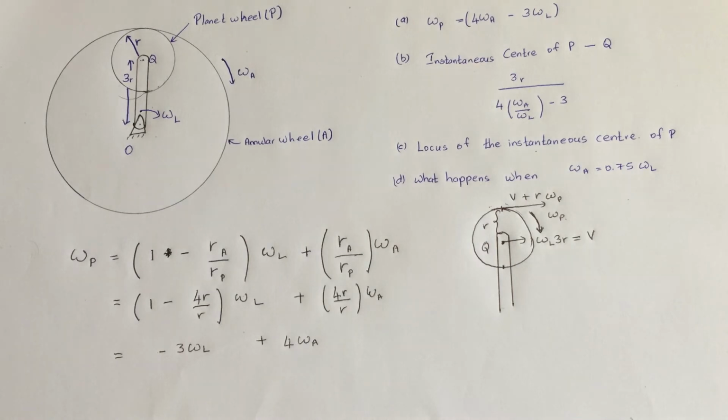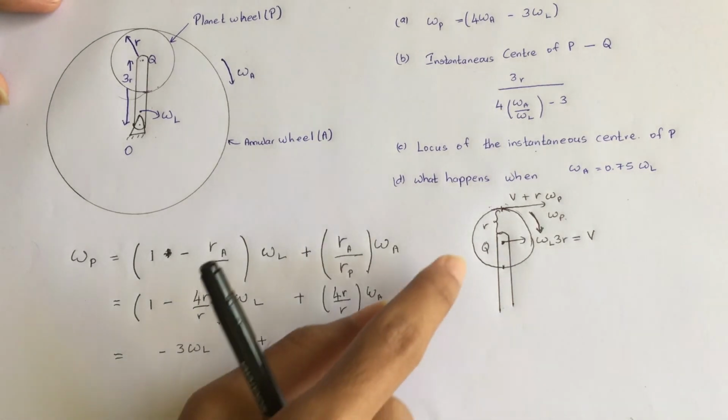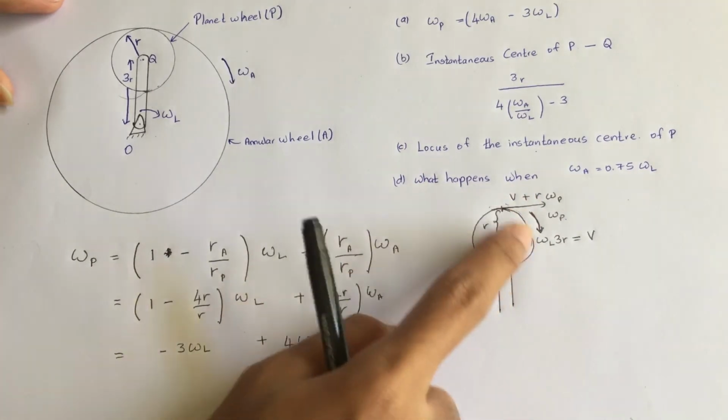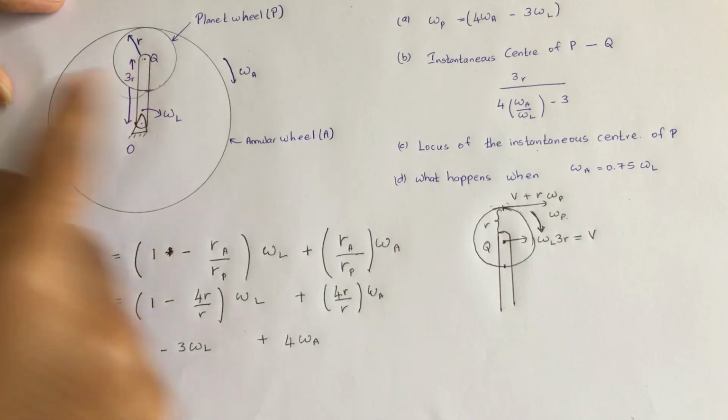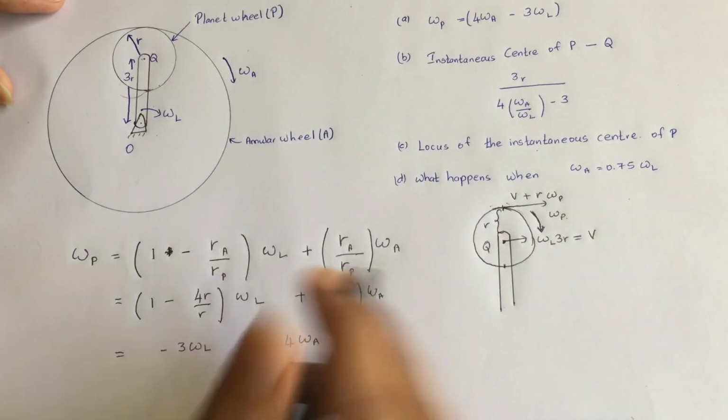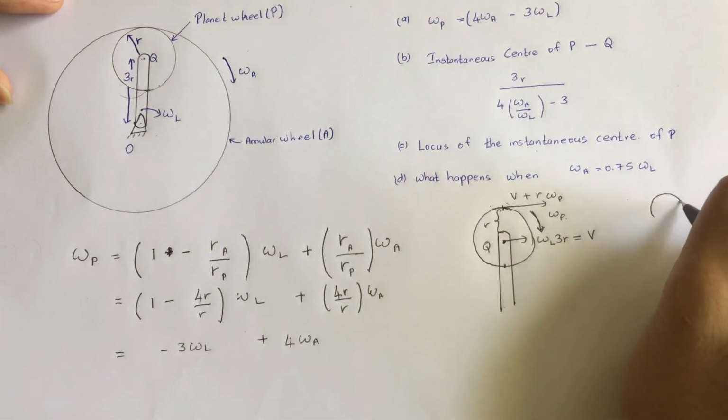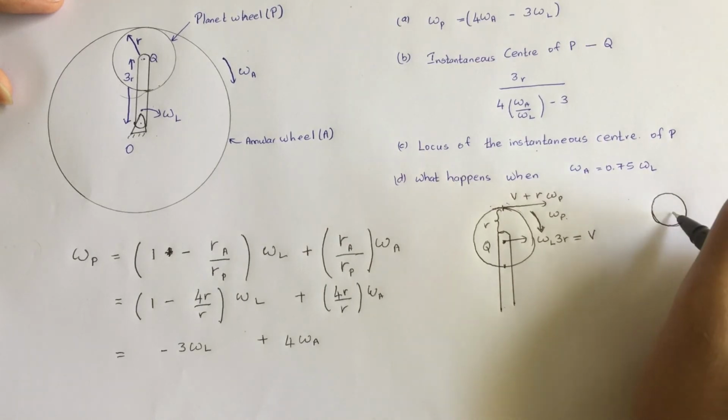Some might have a doubt: why are we using v plus r omega P? Can't we use 3r into omega P? In a circle you will always know, let's say it's going to rotate over here.